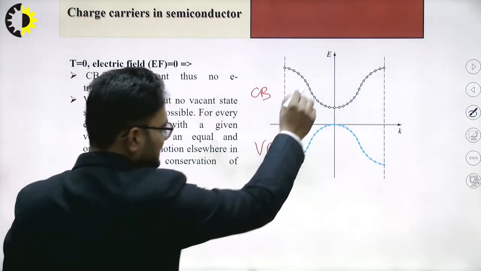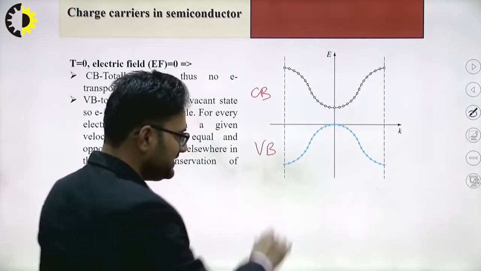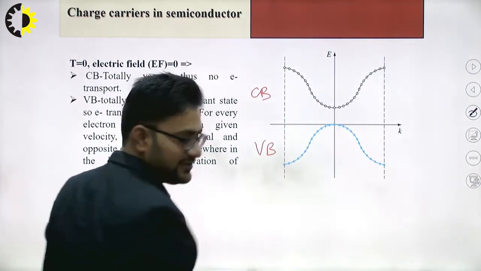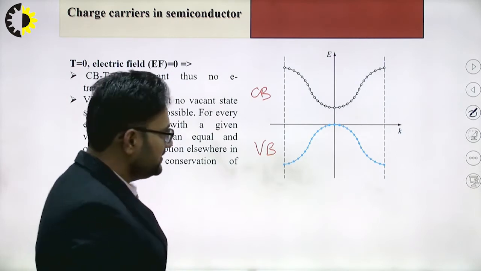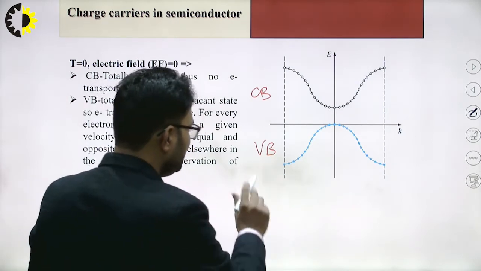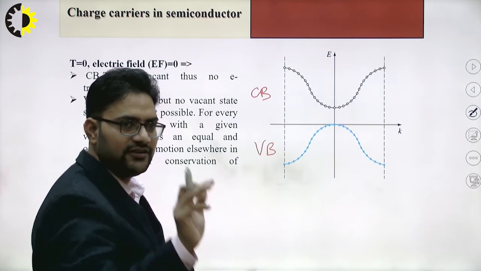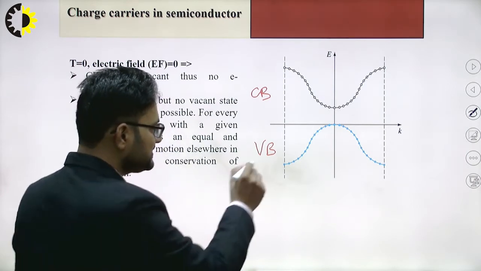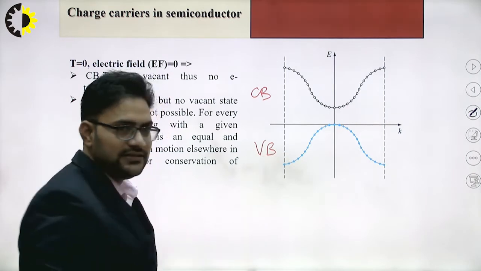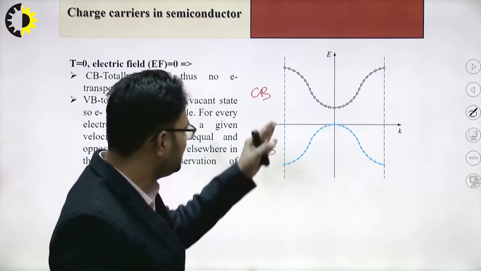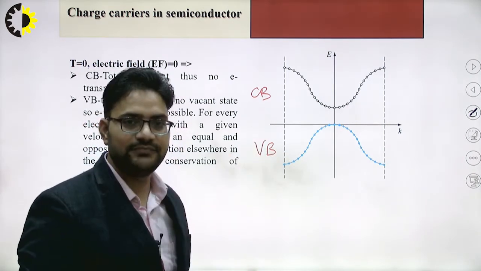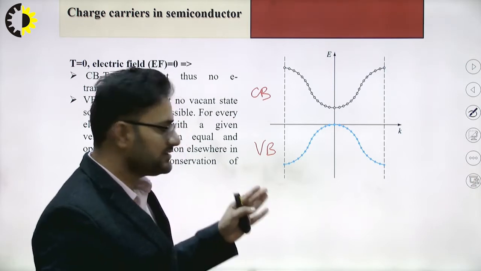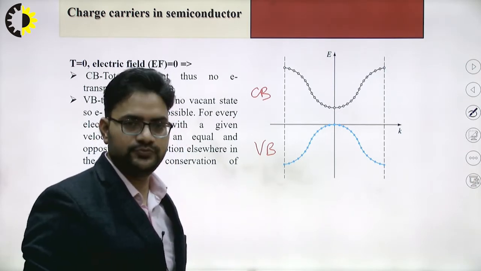So this is basically the E-K diagram, and they are present in a symmetrical manner, right? In this case, whenever temperature is equal to 0 and electric field is not applied, the valence band is completely occupied and the conduction band is completely empty, so the conductivity will be equal to 0, right?